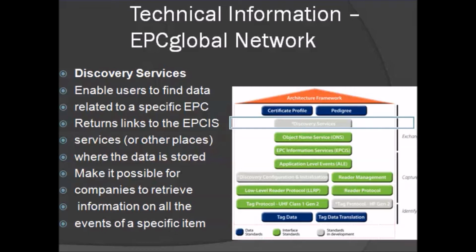So if these two companies sign a contract, they may have the method or API to exchange information more quickly and automatically. The data exchange between these two companies' EPCIS servers can be done automatically just because these two companies signed a contract.